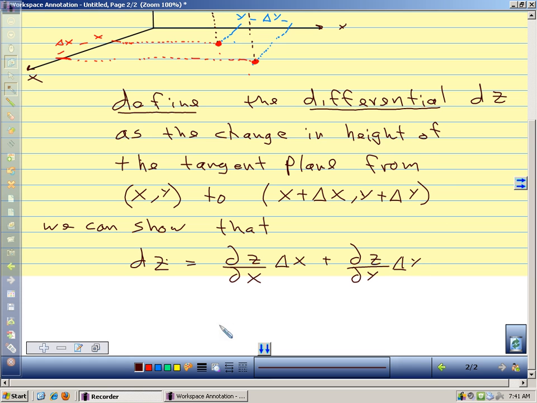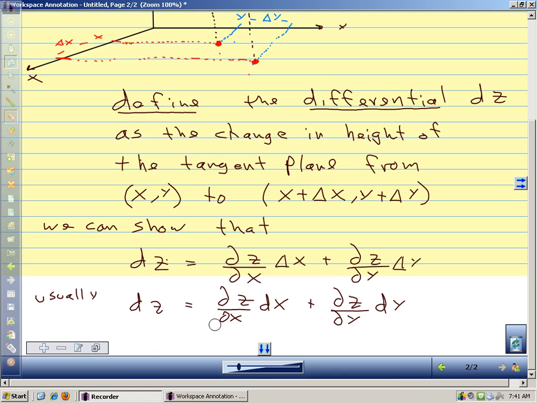And we usually just write everything in terms of d's, so we usually write dz/dx dx plus dz/dy dy.